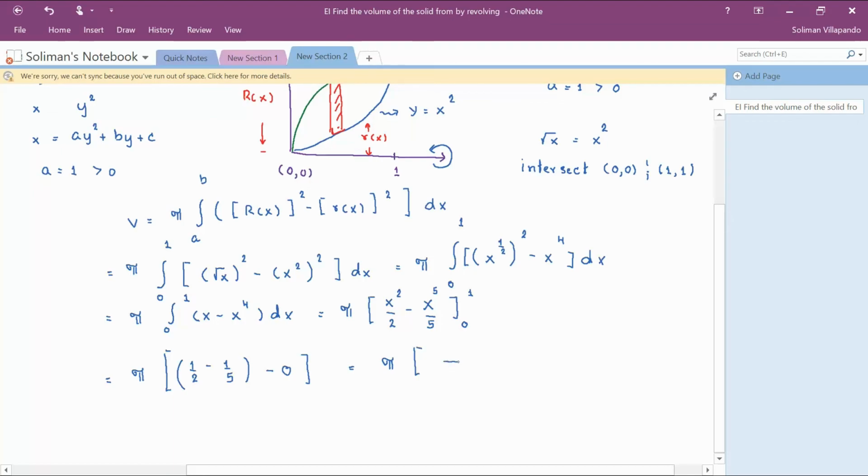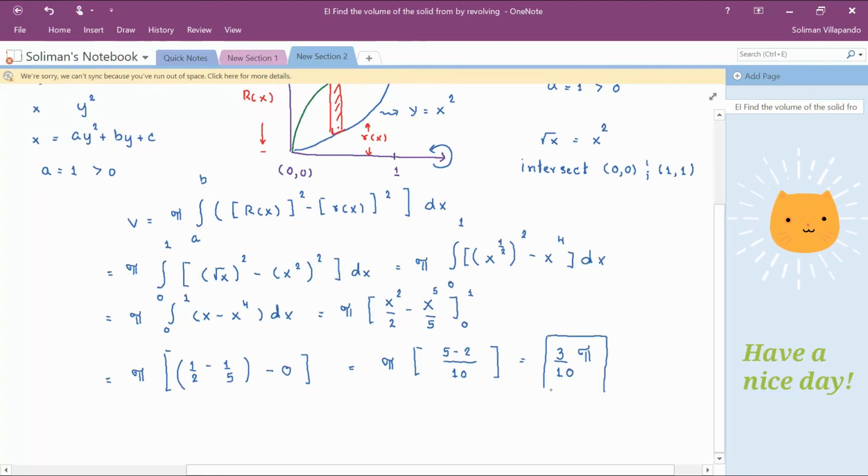The LCM is just 10. Then you're going to have 5 minus 2. So the answer is 3/10 pi. That is the volume that we are looking for by using the washer method.